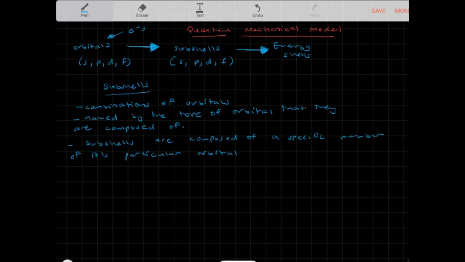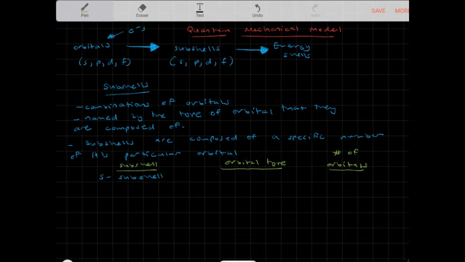The S subshell, which is named after the orbital, I'm going to create a really quick chart for this, right? So we'll have the type of subshell, the orbital type that it is made up of, and the number of orbitals for the combination.